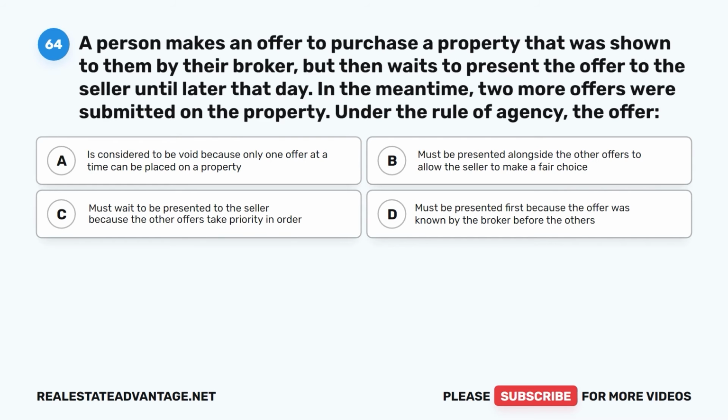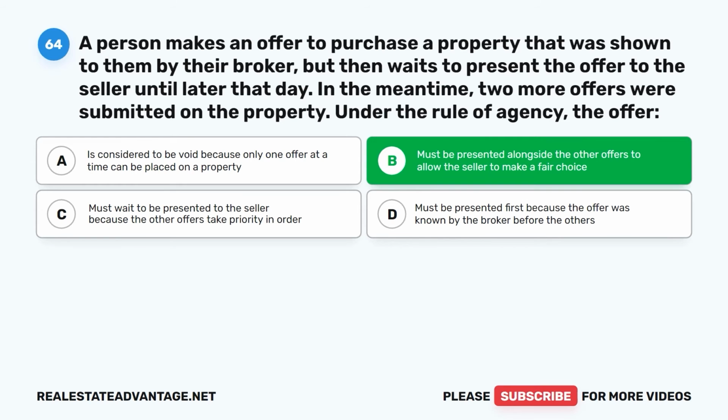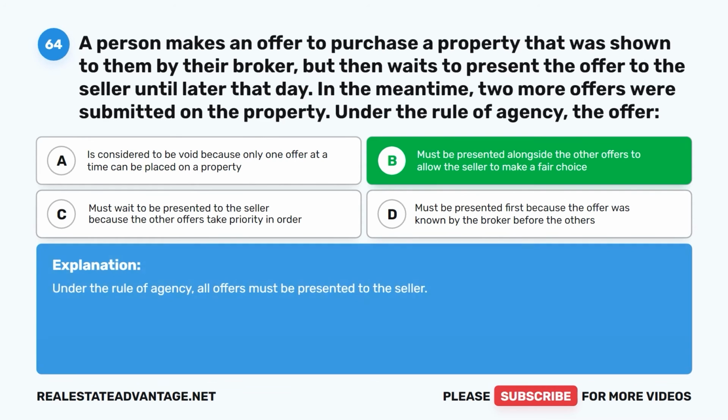C, must wait to be presented to the seller because the other offers take priority in order. D, must be presented first because the offer was known by the broker before the others. The correct answer is B, must be presented alongside the other offers to allow the seller to make a fair choice. Under the rule of agency, all offers must be presented to the seller.